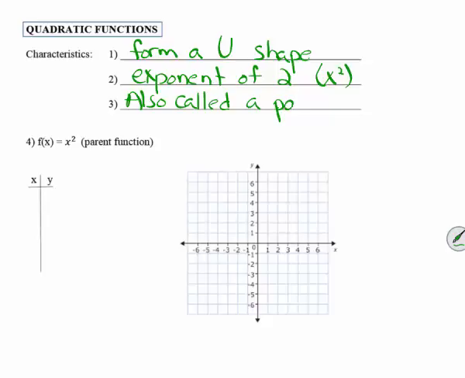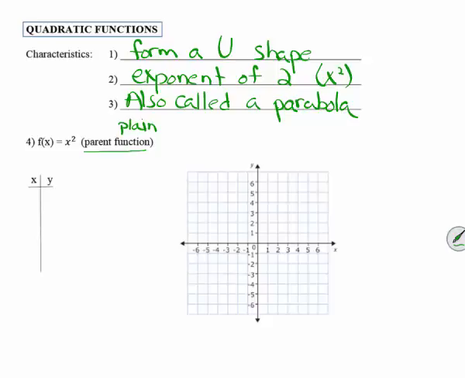Okay, so when all you have is the plain function, that's called a parent function, right? Parent function is going to be kind of your plain, your most basic one that you can get. No other extra coefficients or constants are added in. It's your plain function.